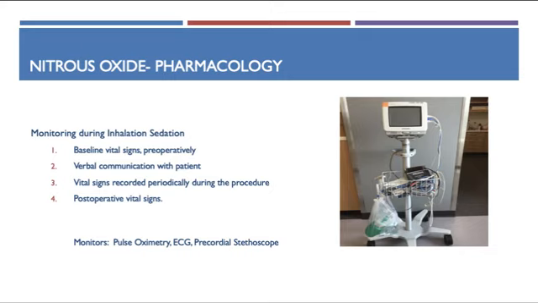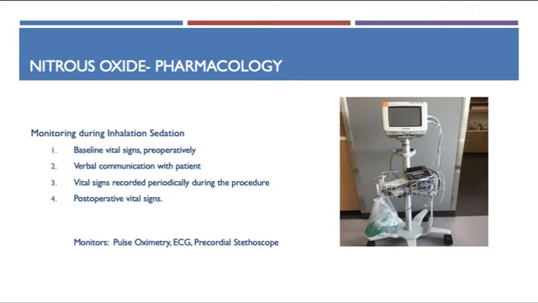You want to make sure that you're recording your vital signs periodically during the procedure. If you're administering nitrous oxide, I typically do a vital sign record about every 10 minutes throughout the procedure. That is recording the patient's oxygen saturation, their heart rate, and making sure that I record what level or percentage of nitrous oxide they're on, and the volume of gas that's being administered.